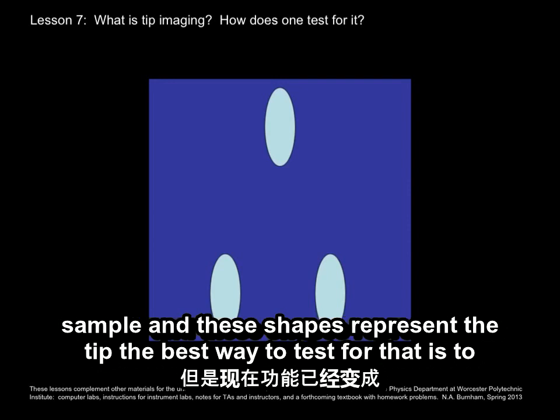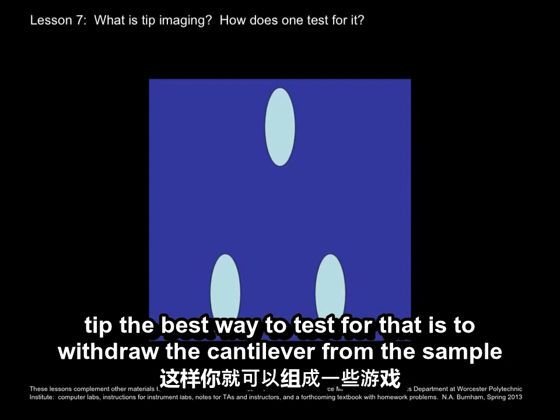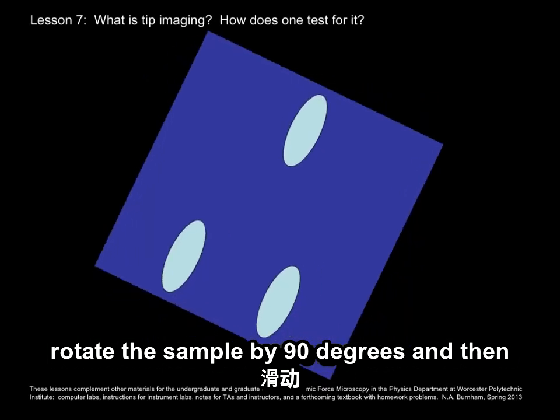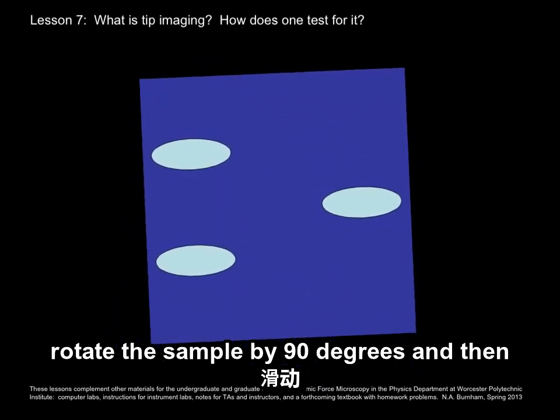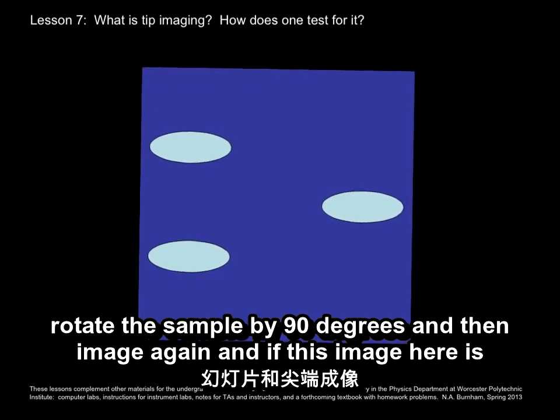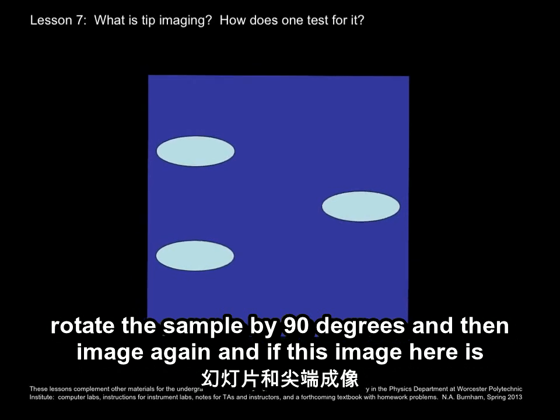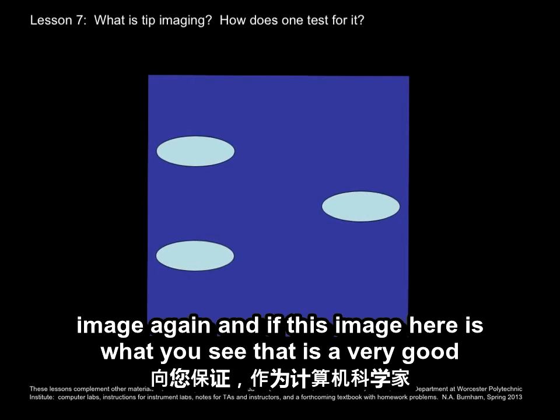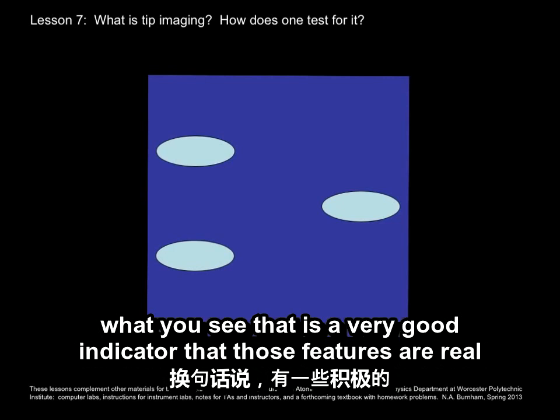The best way to test for that is to withdraw the cantilever from the sample, rotate the sample by 90 degrees, and then image again. And if this image here is what you see, that is a very good indicator that those features are real.